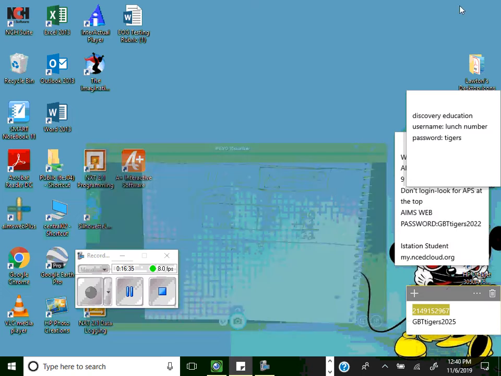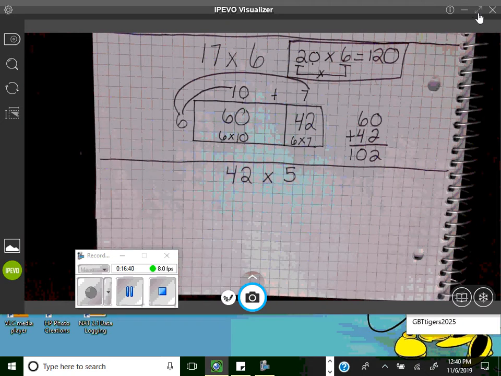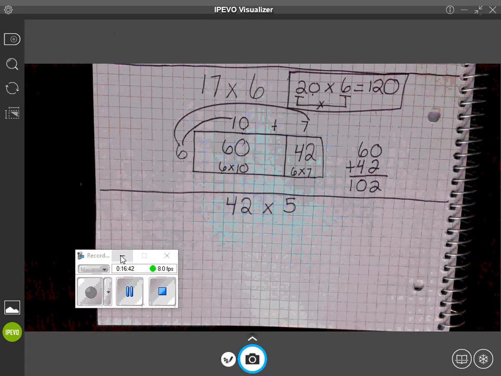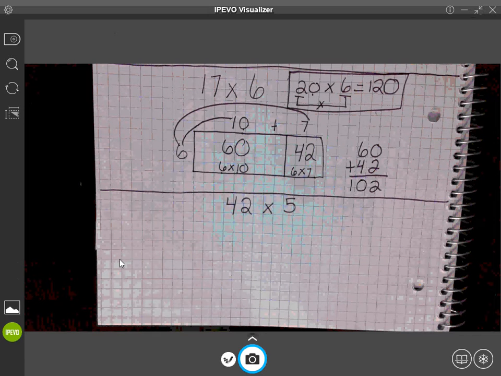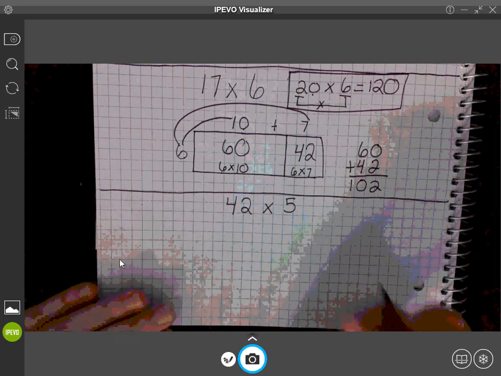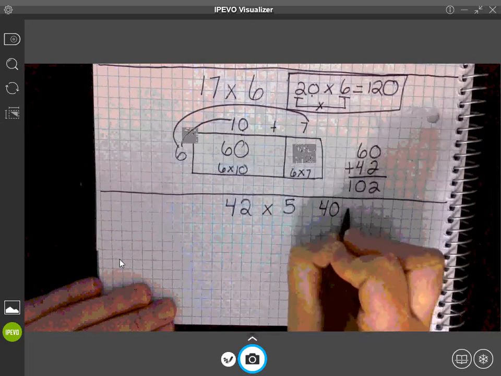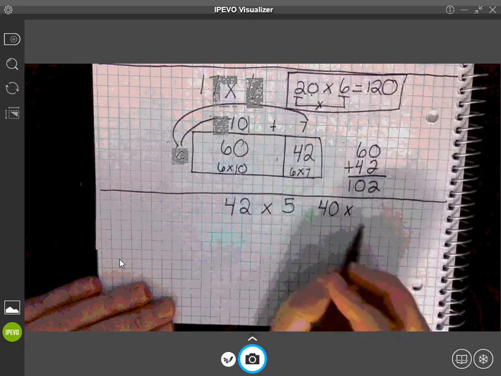Now, walk me through solving this one, first by doing the estimation. We need to estimate our answer. Go for it, Sweet Pea. Okay, so how did you get 40? Right, so it rounds to 40.